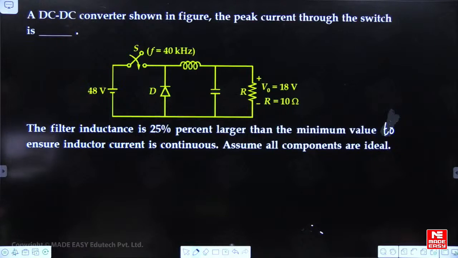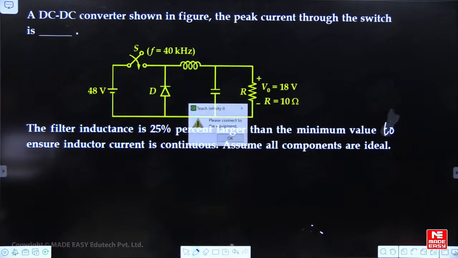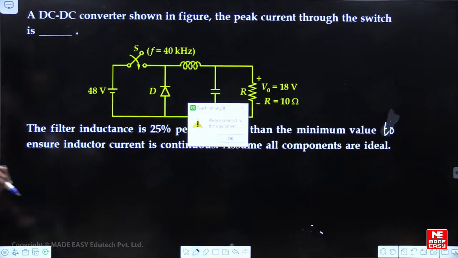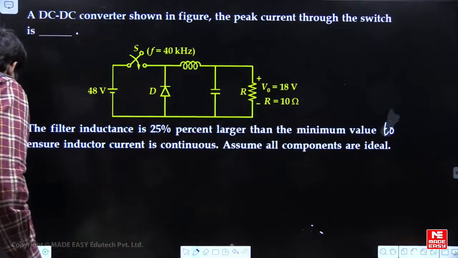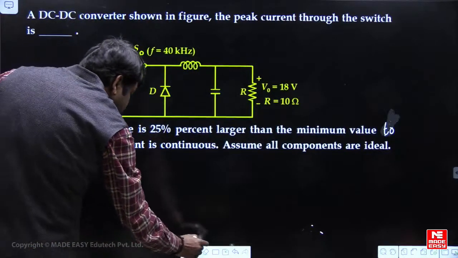See, the filter inductance is 25% more than the minimum value to ensure that inductor current is continuous. So what is the value of L here? Just look here.